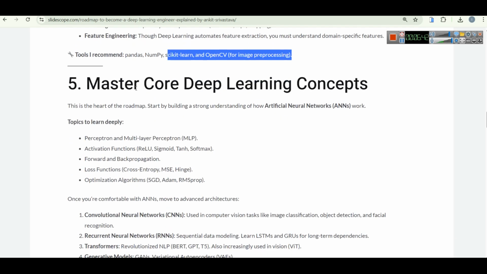After this you can master core deep learning concepts. This is the heart of the roadmap, starting by building a strong understanding of how ANNs, that is artificial neural networks, work. Topics are perceptron and multi-layer perceptron, that is MLP, activation functions, that is ReLU, sigmoid, tanh, softmax.